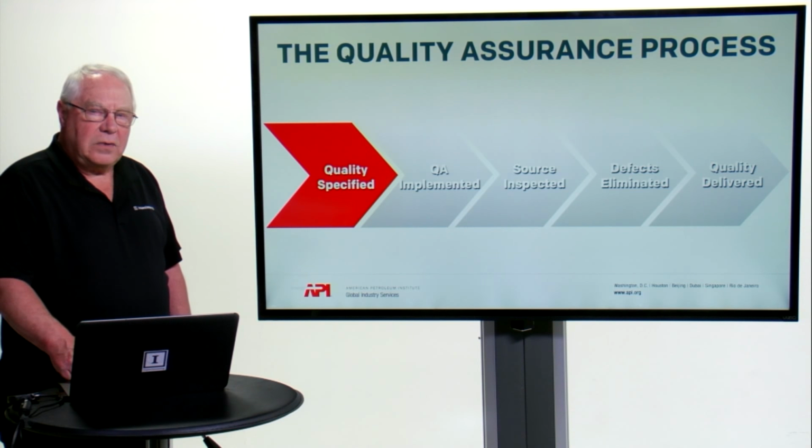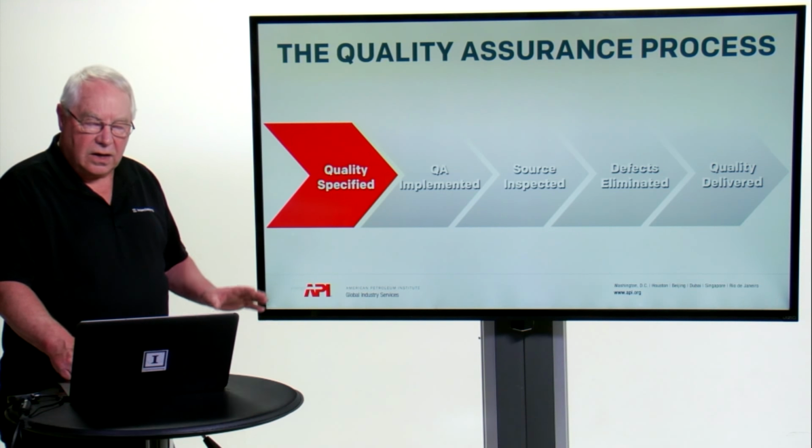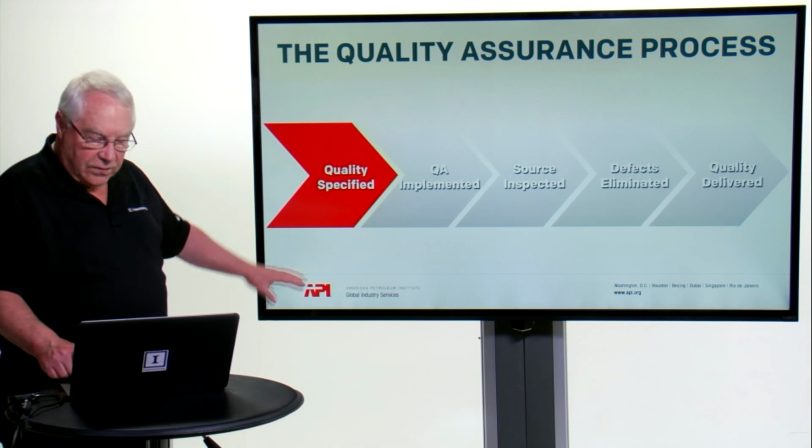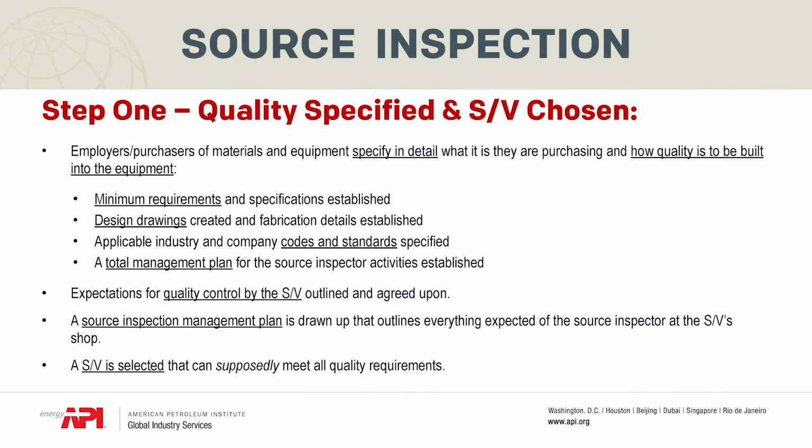Okay, let me talk now about the 5-step process in quality assurance, starting with specifying the quality. Step 1. This is where employers and purchasers of the materials and equipment specify in detail what is necessary and how the quality will be built into the equipment.